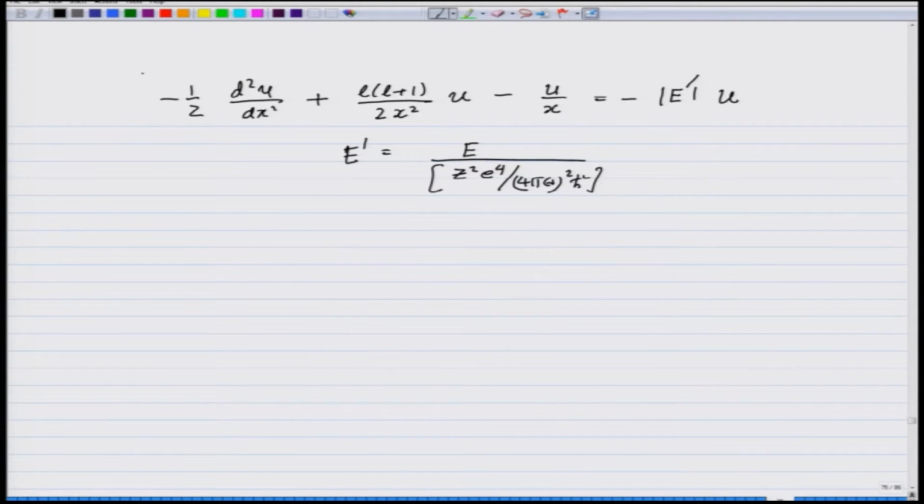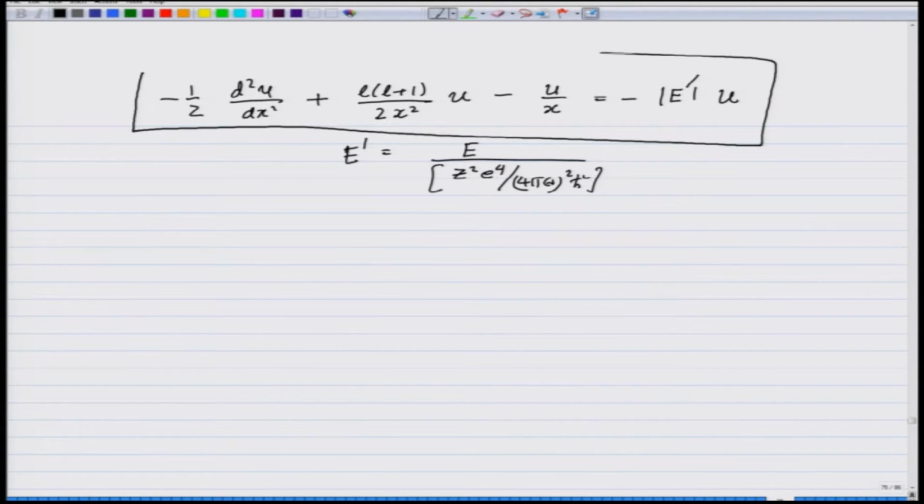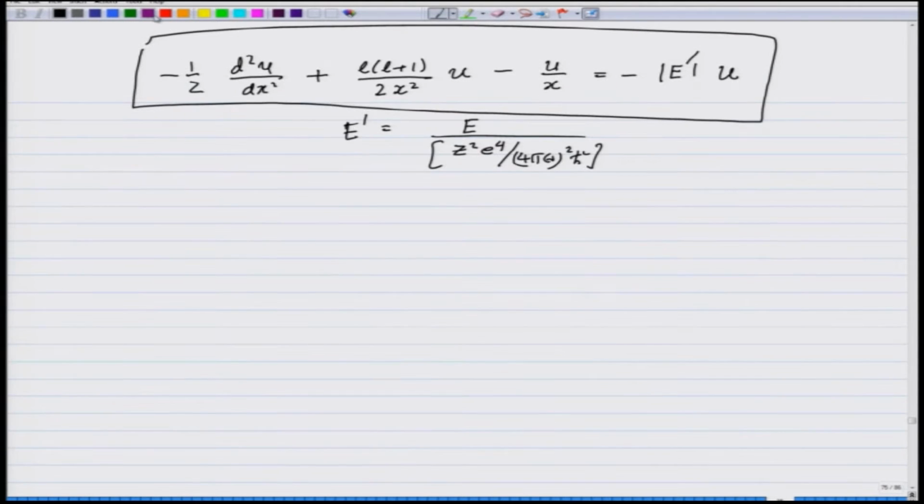Now, you see this equation looks very simple. All these constants have been taken into the units of distance and energy.